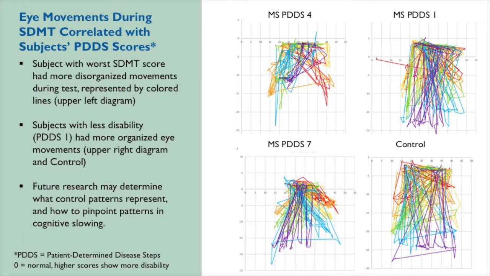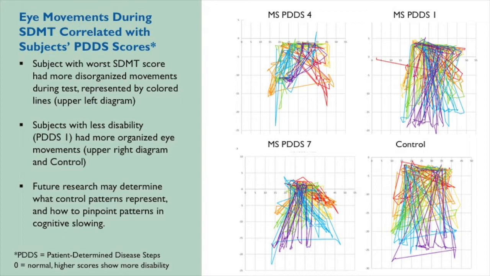This person's score was 12 items correct out of 15 total items answered. And their PDDS score was a 4. But you can see just visually it's very disorganized and they don't make it far.